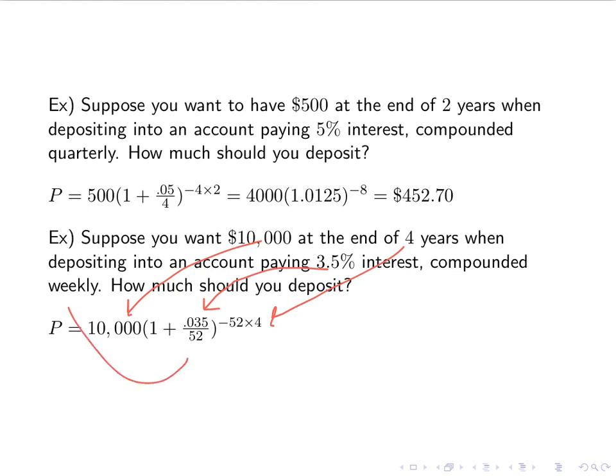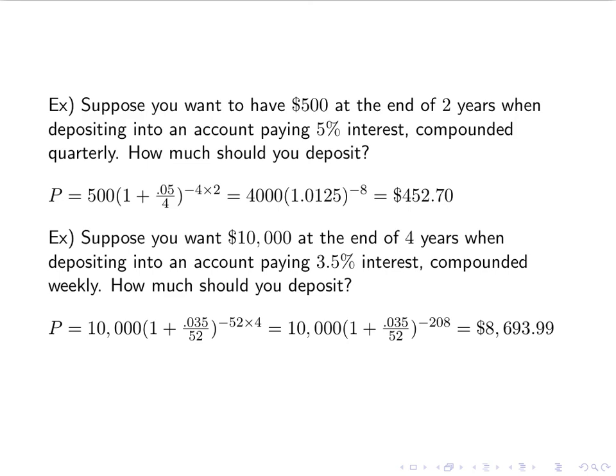Compounded weekly, again there are 52 weeks in a year. I'll simplify my exponent and then plug it into my calculator, and I get $8,693.99. Again, less than what I want at the end, which is 10,000.